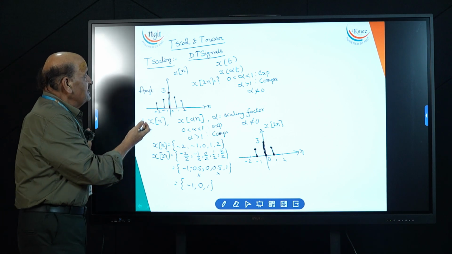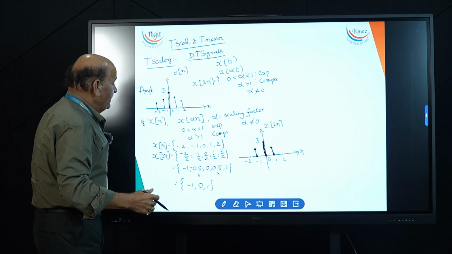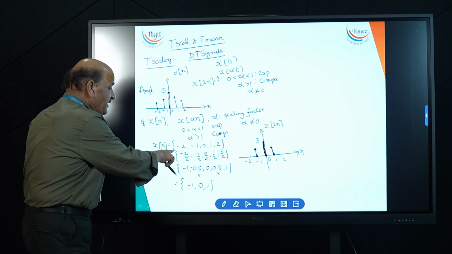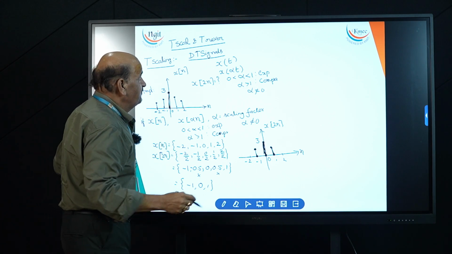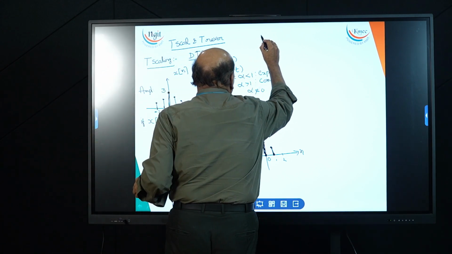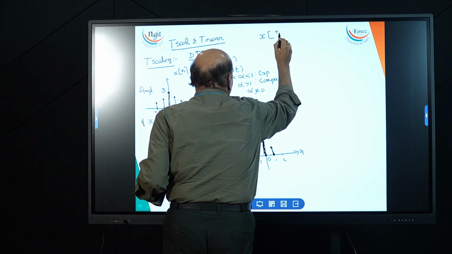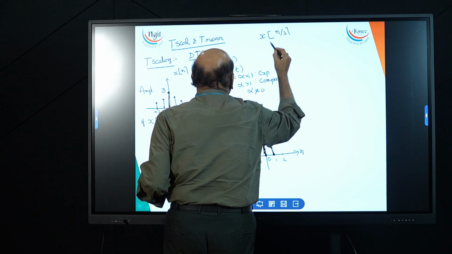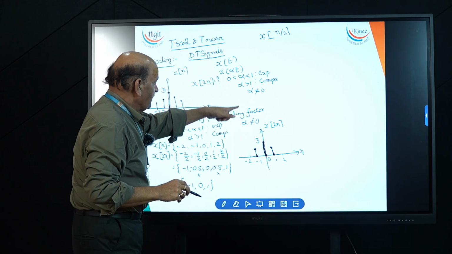In the same way, if you go for n by 2, you have to expand the signal. Expanding the signal means we have to multiply. For example, if you want to make the signal x of n by 2, n by 2 means alpha is less than 1.